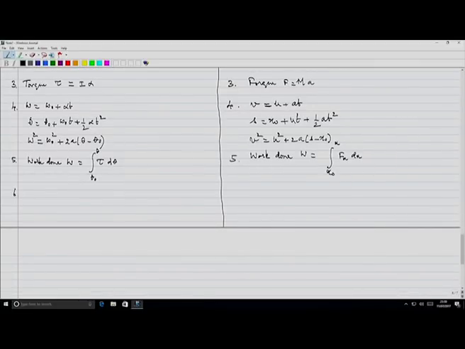Then sixth one, kinetic energy, expression for kinetic energy, half I omega squared. Now in the case of linear motion, kinetic energy is equal to half m v squared.